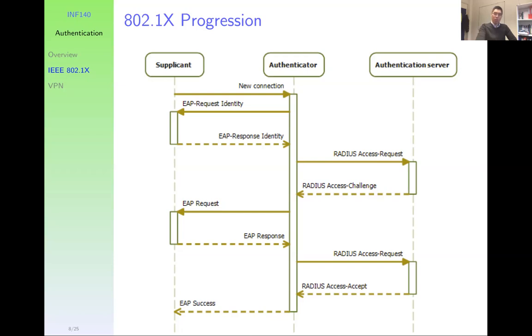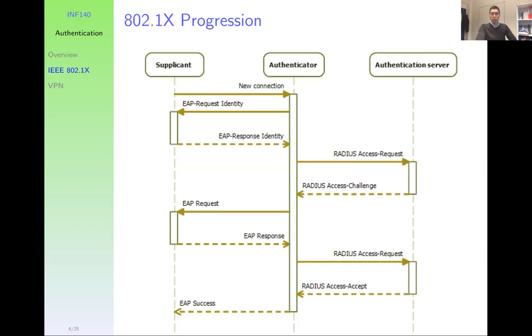This authenticator, again, as I mentioned, acts as a proxy. It will forward this request to the supplicant. The supplicant will respond with some message based on this request. And then this response will be forwarded to the authentication server.